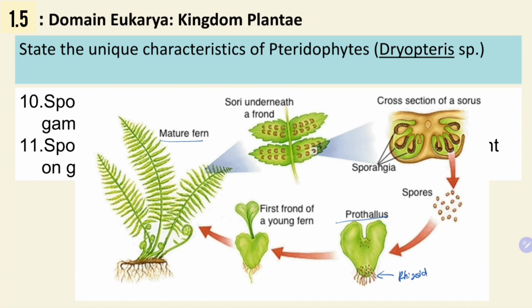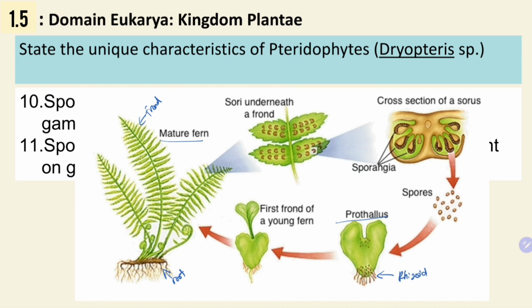It can live by itself without the help of the sporophyte, which is the mature sporophyte. The mature sporophyte is the same. It has its own leaves, which we call fronds. At the same time, it has true roots to absorb water and minerals. So the sporophyte of the pteridophyte can make its own food. That's why it is independent of the prothallus, the gametophyte generation.